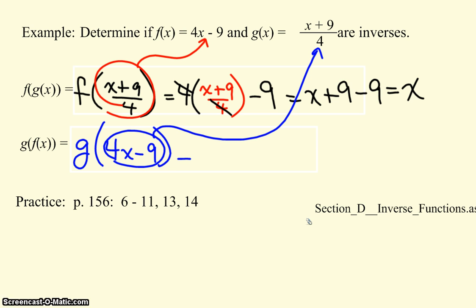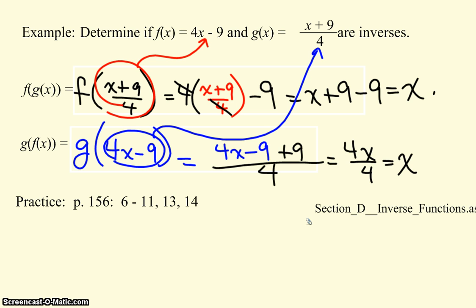When I do that, I'm going to get 4x minus 9 plus 9 over 4. Notice I filled in the 4x minus 9 where the x was in the g rule. That gives me 4x over 4, which is x. Check. Check. These are inverse functions.